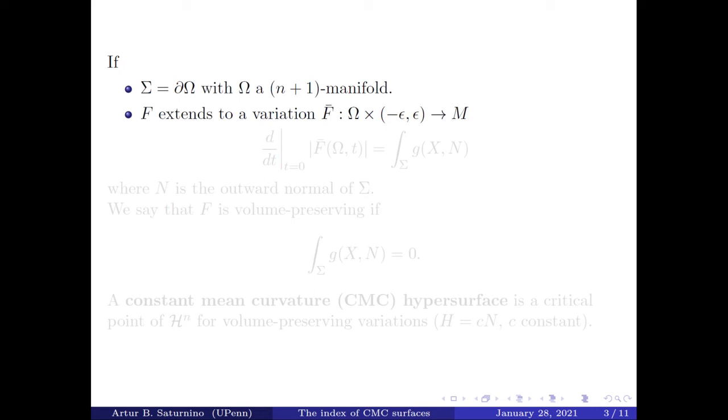To motivate CMC hypersurfaces, let's assume that sigma is the boundary of an n+1 manifold omega, and that our variation extends to a variation of an immersion of omega in M. When we take the derivative of volume with respect to time at 0, we again can get a formula for it, which is just the integral over sigma of the outward normal of sigma times the variational vector field.